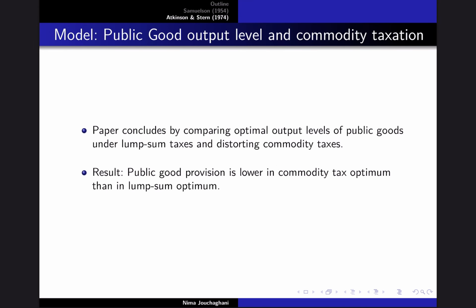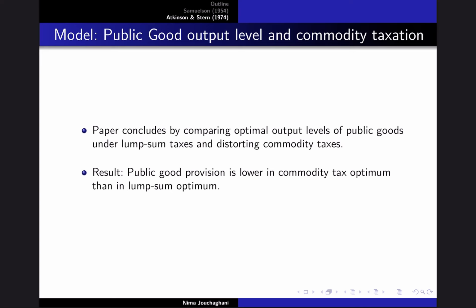The paper then is concluding by comparing the optimal output levels of public goods under lump sum taxes and distorting commodity taxes. So it's considering the model when we only have lump sum taxes, and then you basically end up with the original Samuelson condition, which then will be used to derive the output by also using a balancing condition.